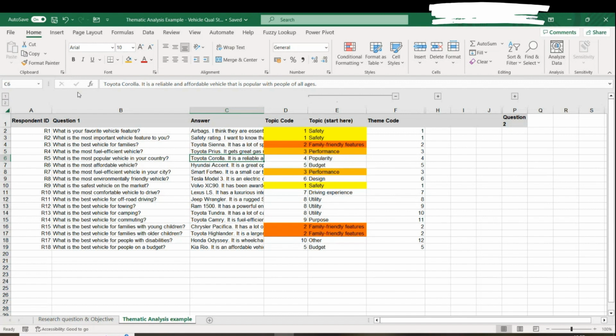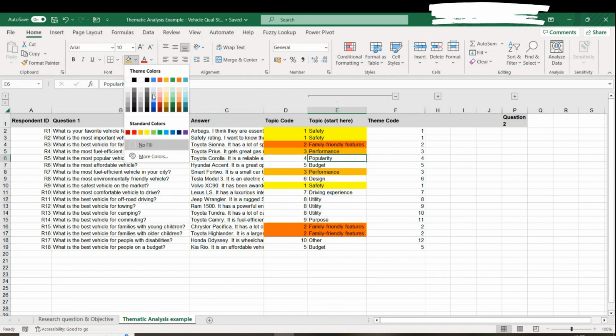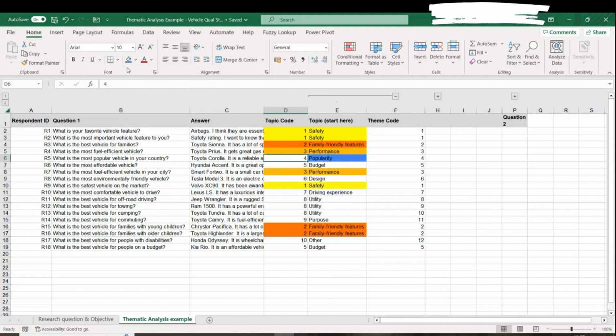So your question was around popularity, and then in terms of your topic, you would align it with what your question was. So here you were looking into popularity, so you would give that a topic of, okay, this person is focusing on the vehicle being popular. Then you can give it another color code, and then you can name it number 4. Then you can check in your data if there are any number 4s.